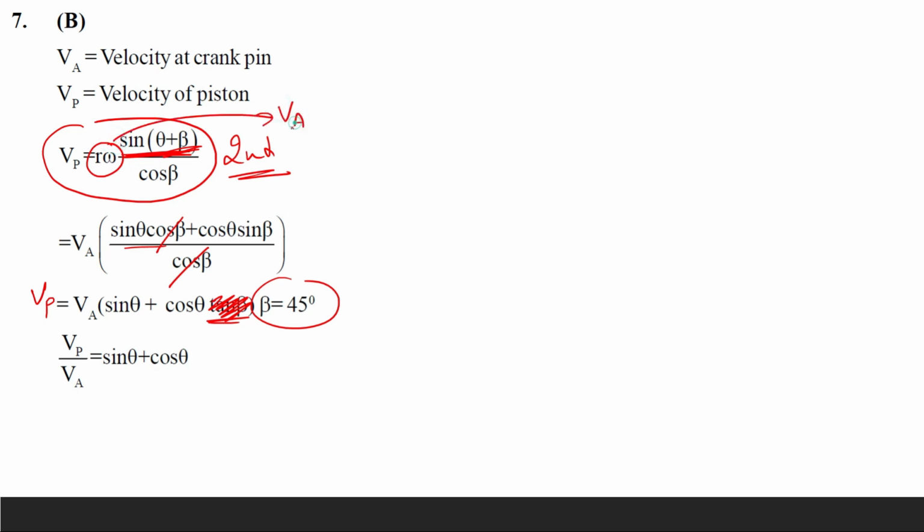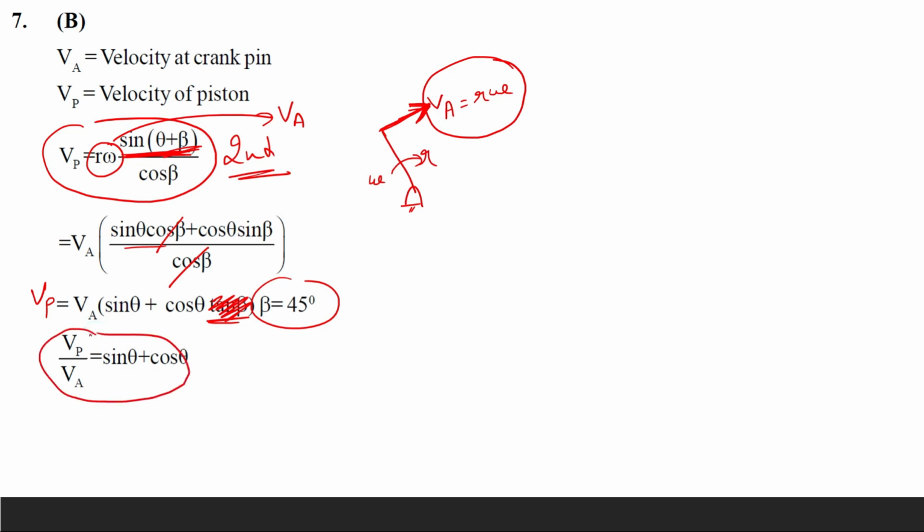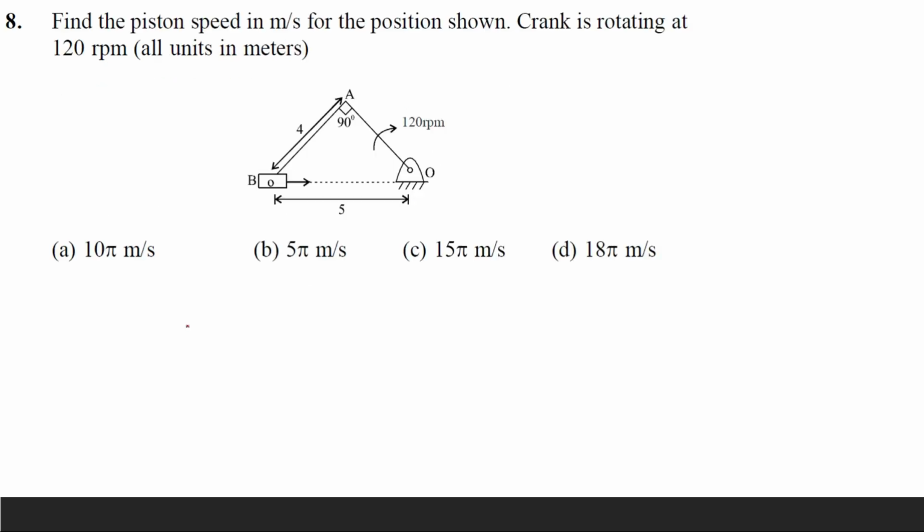Okay, R into omega. If this is the crank of radius r rotating with angular velocity omega, then tangential velocity Va is equal to r into omega. Okay, now this is the final relation of Vp by Va, sin theta equal to sin theta plus cos theta. So directly you can remember this relation also from the exam viewpoint.